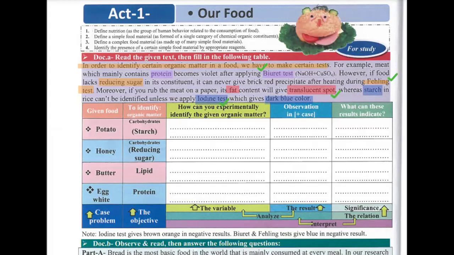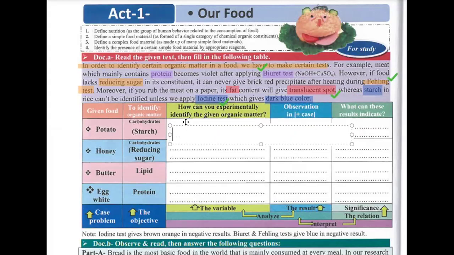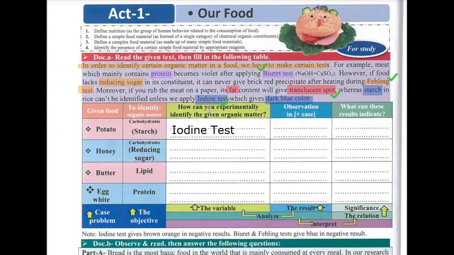Let's start solving the activity. How can we experimentally identify the given organic matter? We're talking about starch. We use the iodine test. In case there is starch, which color does this test give?